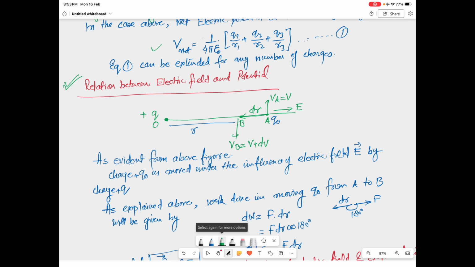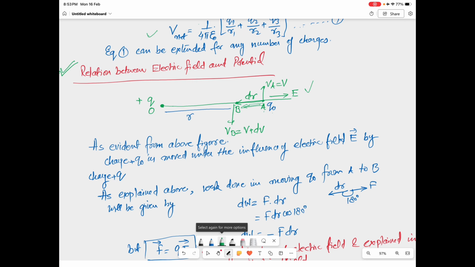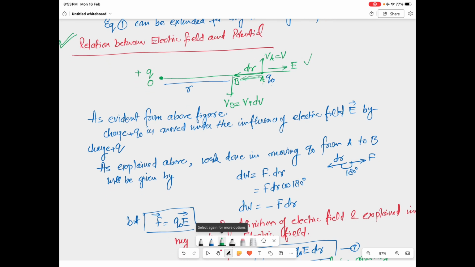Now there is a plus charge Q and there is a point B which is at a distance R. So I am bringing a charge Q naught from A to B, moving it a distance dr towards the plus charge Q. You know that the charge is plus Q, so the electric field will be acting away from the charge. So its direction will be opposite to the displacement, which I have drawn here.